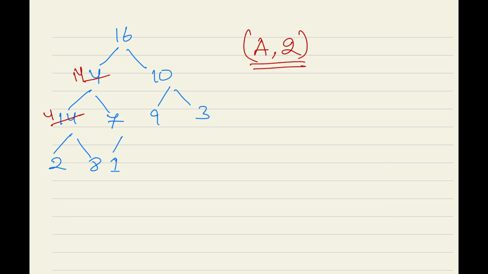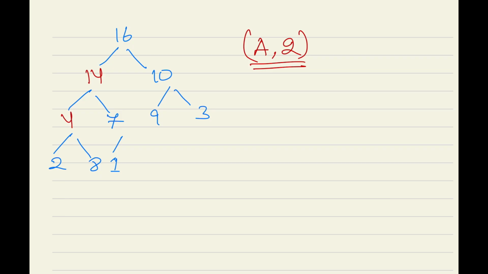Now when we swap, again you can check, so let me remove this old value 4 here, and the old value 14 here. Now we can write this properly as 14, and we can write this one as 4.